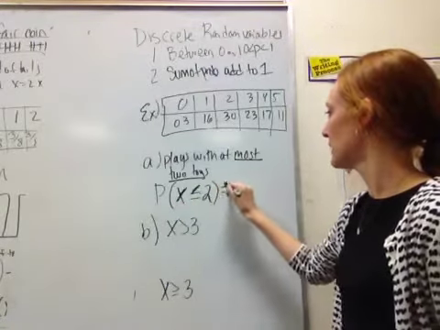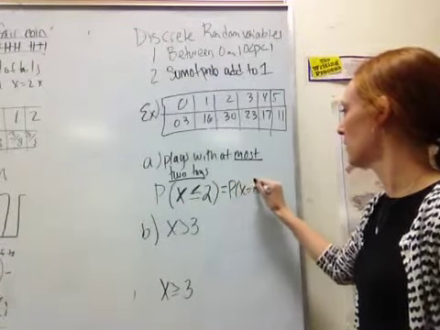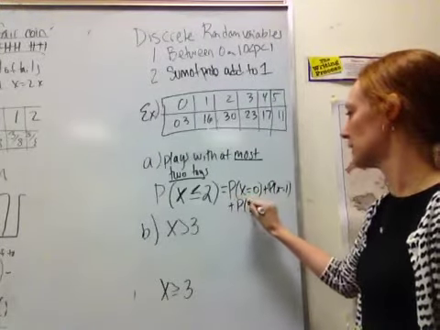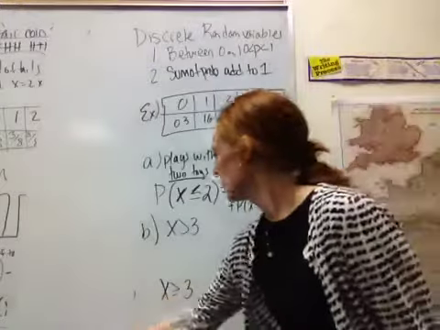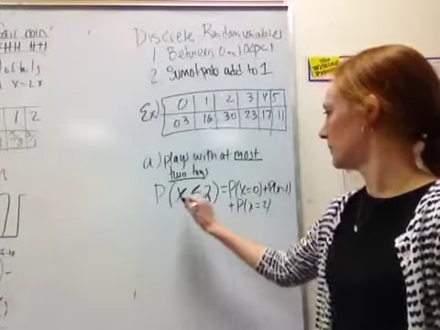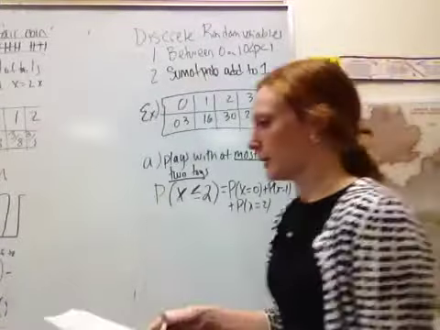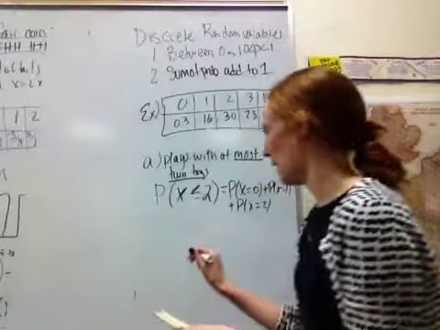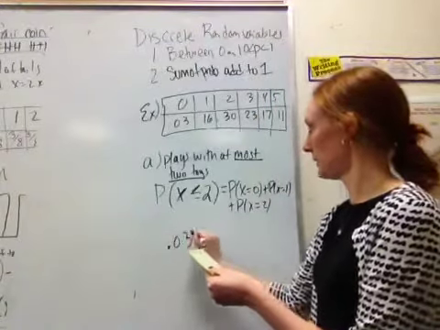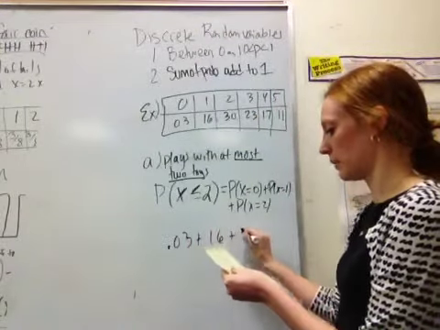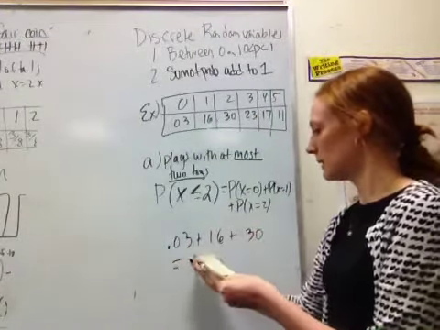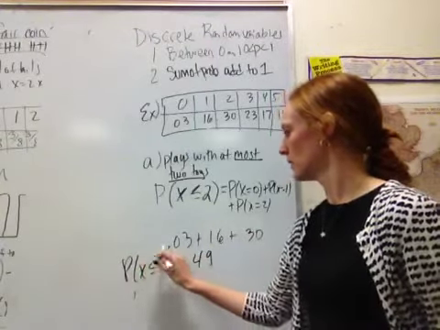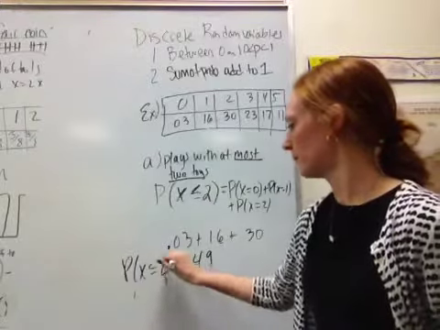We're thinking about this as the probability of X equals 0, plus the probability that X equals 1, plus the probability that X equals 2. When we add those 3 probabilities up, we have 0.03 plus 0.16 plus 0.30. And so the probability they play with at most 2 toys is 49%.